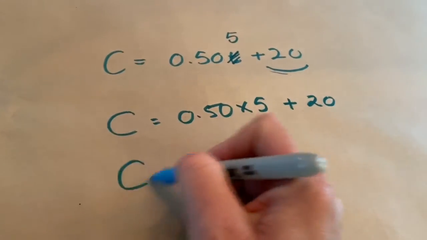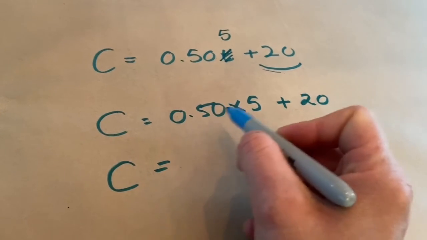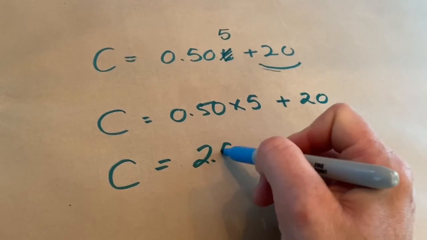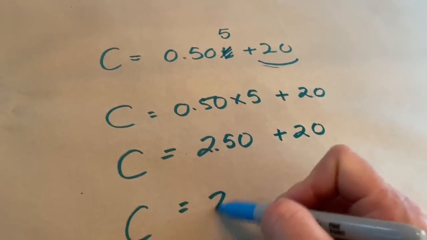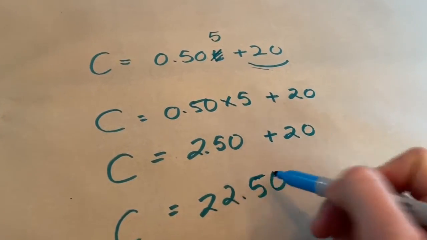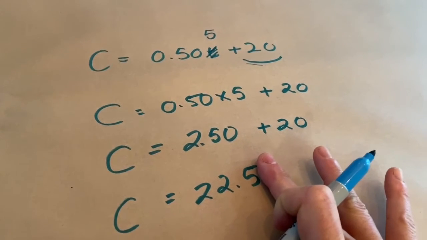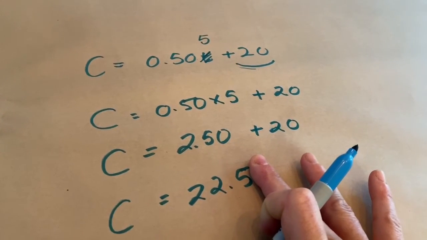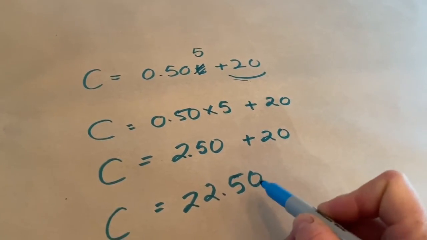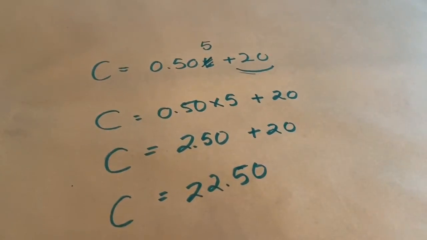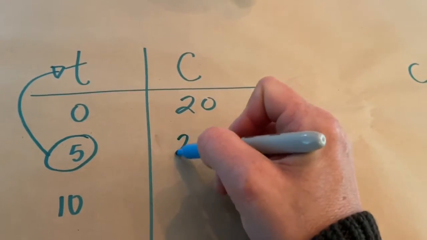If I do that with my calculator, 0.50 times 5 gives me $2.50, plus 20 gives me $22.50. Now, some of you get really confused because your calculator probably just says 22.5. But when we have money, we need 2 decimal places, so we're going to add the 0. So it means $22.50. And we're going to put that into our table.